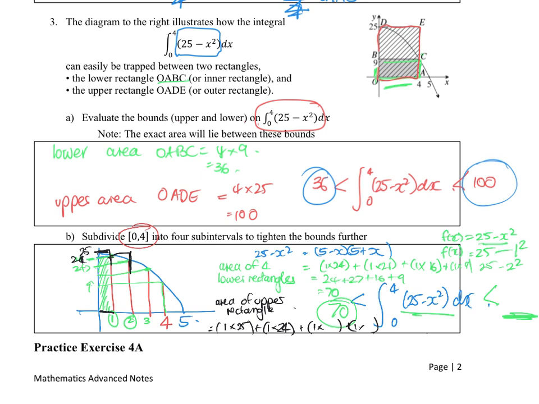Look at the question. It's saying divide it into 4 sub-intervals to tighten the bounds further. So what we're doing is finding the area of the bigger rectangles now. We did use the formula, because this time you put 1 into there because that's the height there. It's the higher one, which is f(1). Hang on. You're right. What you just said. Hang on.